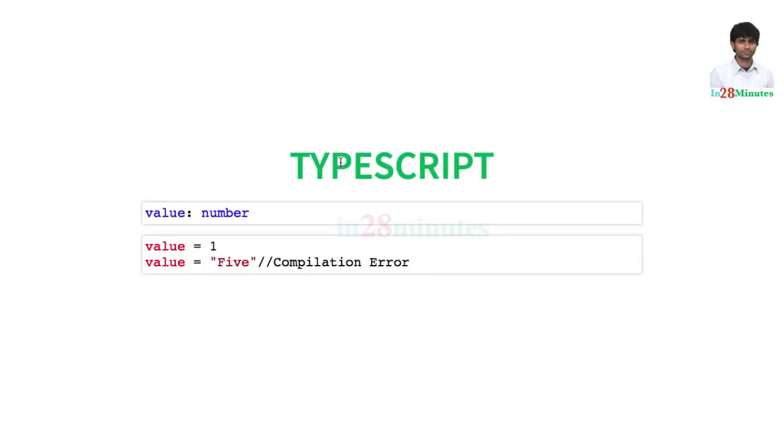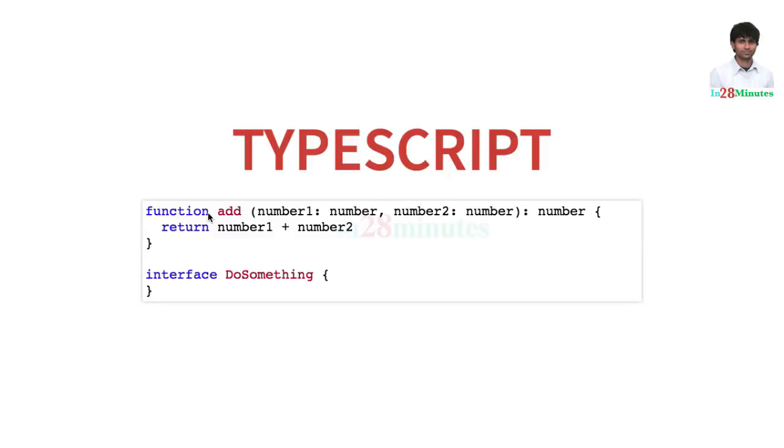When you write code with TypeScript, it would look something like this. Over here, we are saying value is a number, and when we assign a numeric value to value, this is fine. However, if you assign a text value, this would give you a compilation error. The syntax is a little different, but essentially it represents the same. TypeScript also has features like you can define types on method parameters.